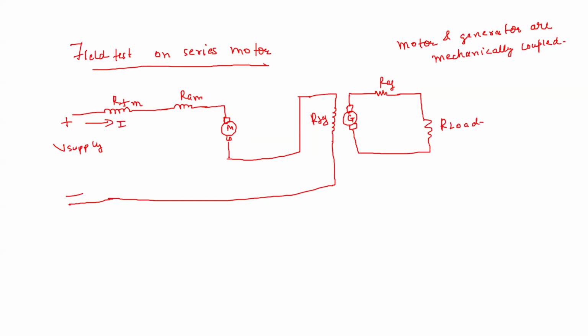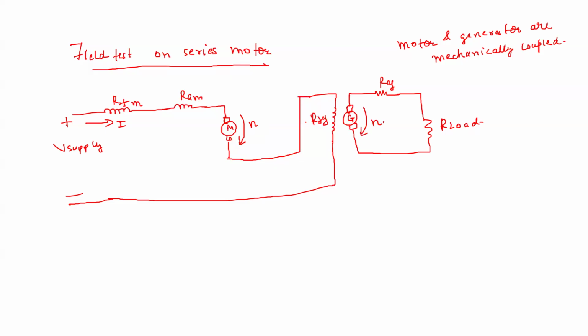Because you give it a voltage supply, current starts flowing, and because it has flux also, it will start rotating. Let us suppose it is rotating with a speed n. Because this motor and generator are mechanically coupled, the generator also starts to rotate with the speed n.